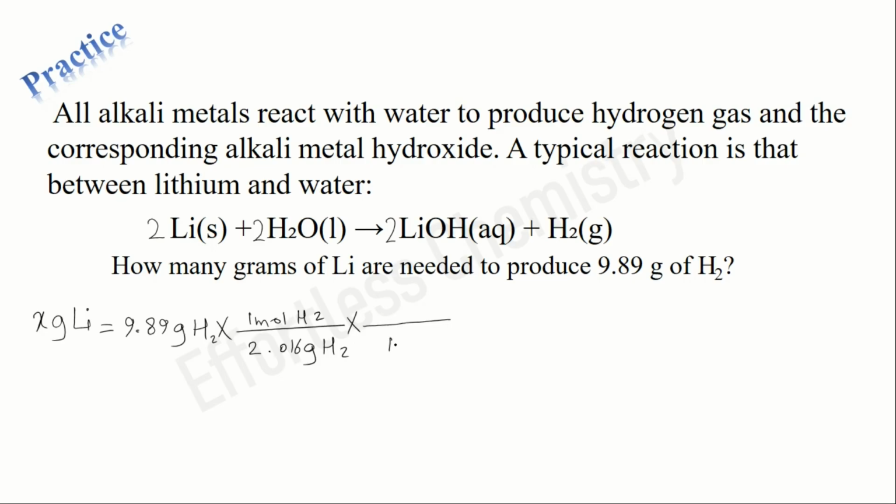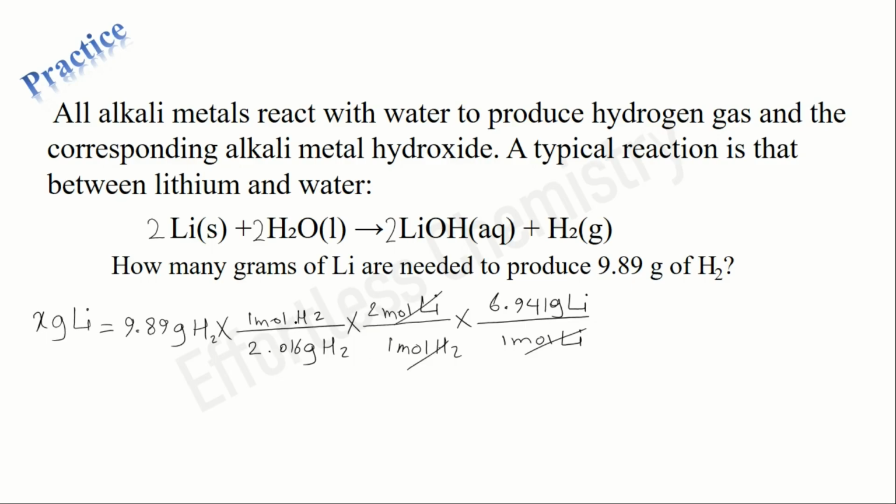As you can see, 1 mole of hydrogen from the balanced equation equals 2 moles of lithium, multiplied by 1 mole of lithium, which has a mass of 6.941 grams of lithium.